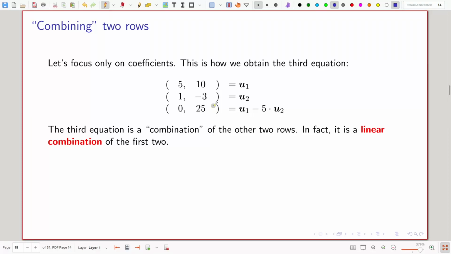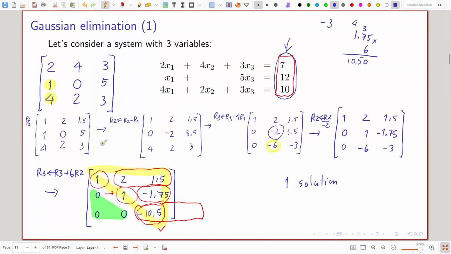This is what we call a linear combination. We will have a more formal definition of it soon, but the way we take a vector, multiply it with something, and do some addition and subtraction, we obtain a new vector. That new vector is called a linear combination of the first 2. When we do that with the matrices, like during this one, right?